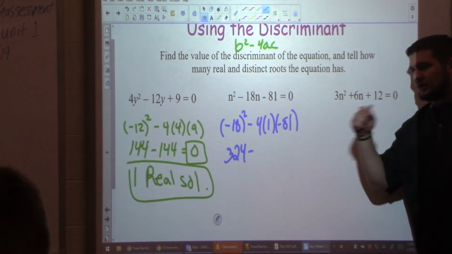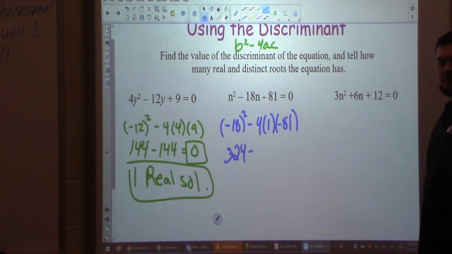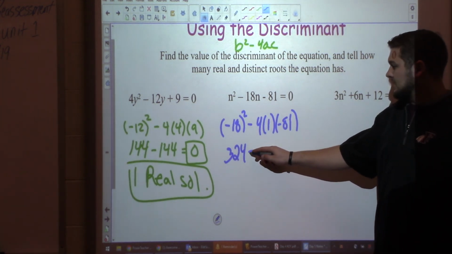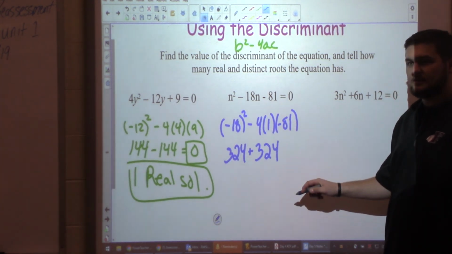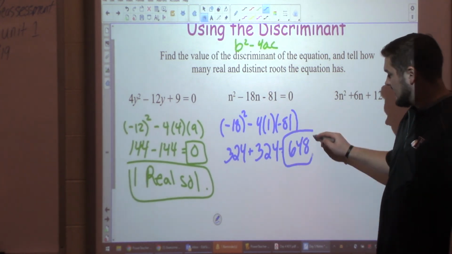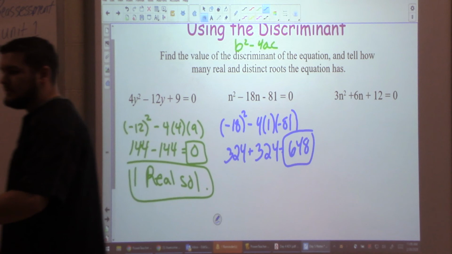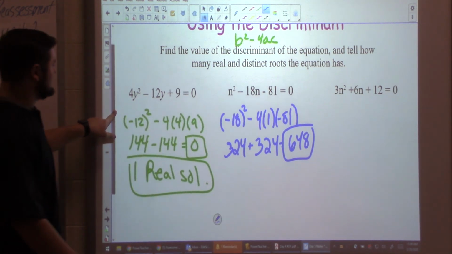Minus 4 times 1 times negative 81. So we get minus a negative, which makes it positive. I believe it's 324 again, right? Yeah. So we get 648. That is a positive number. When I get a positive number on my discriminant, I get two real solutions.